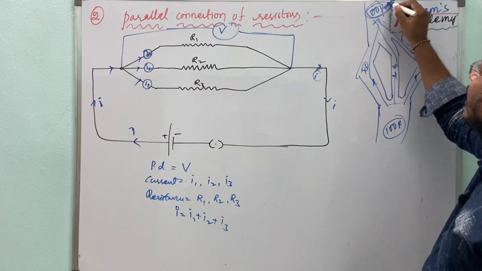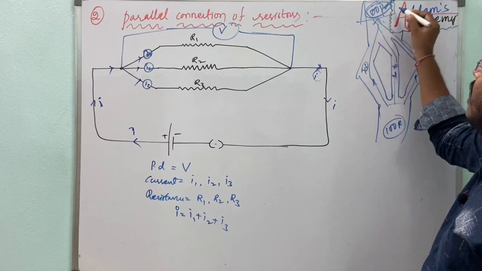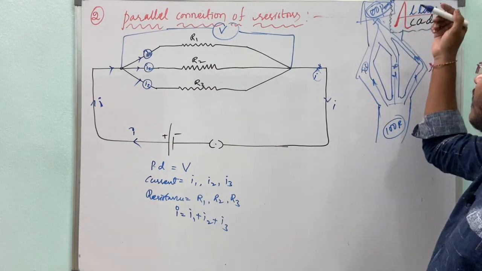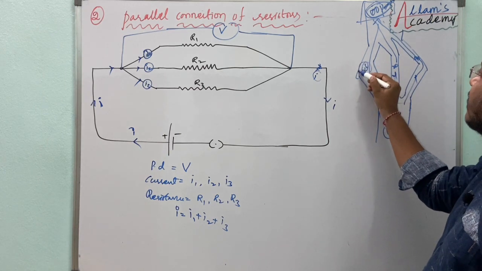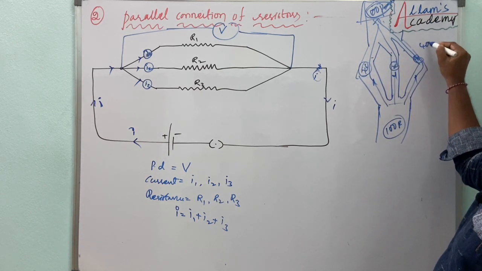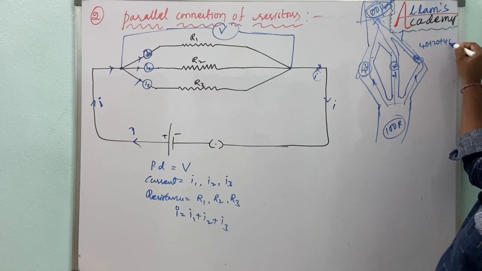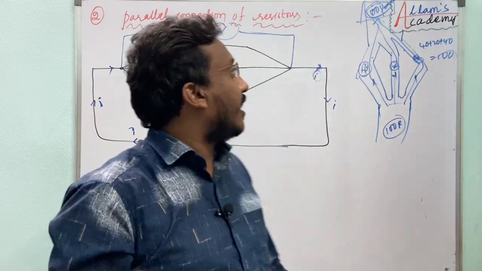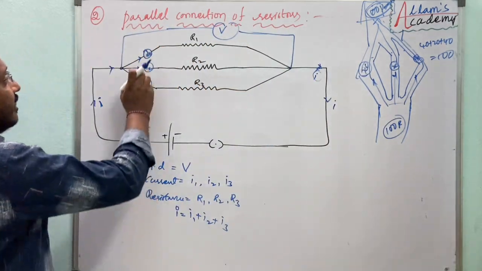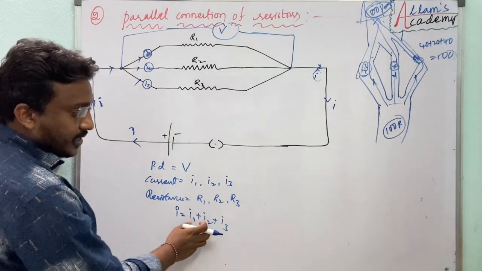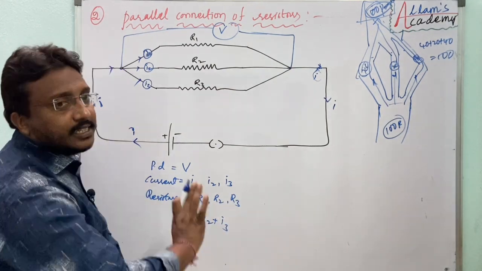So how can we calculate how many members enter into the other way? That can be calculated by the sum of the persons from the three different ways. Then 40 plus 20 plus 40 is equal to 100. Like that, how can we calculate the amount of current here? That is I equals I1 plus I2 plus I3. This is the way.